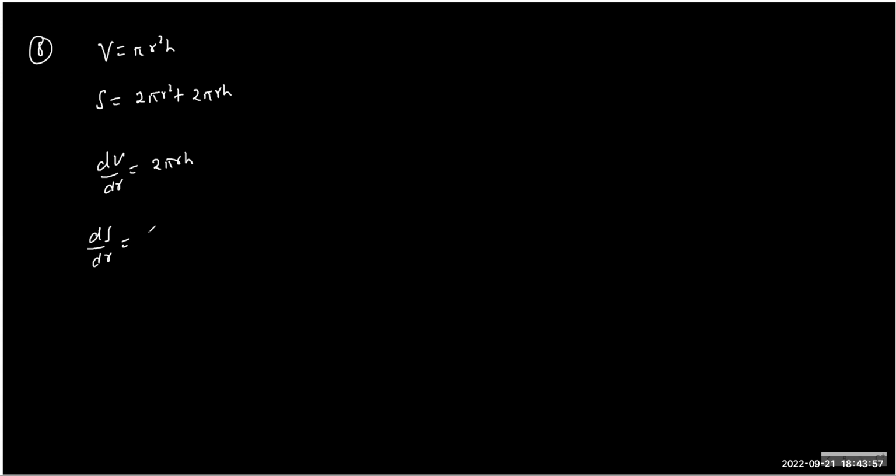So dS by dr is how much? 4 pi r plus 2 pi h. So dV by dr is how much? 2 pi r h.